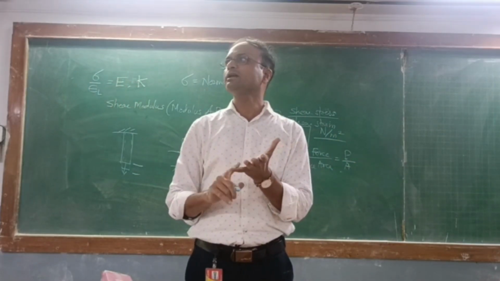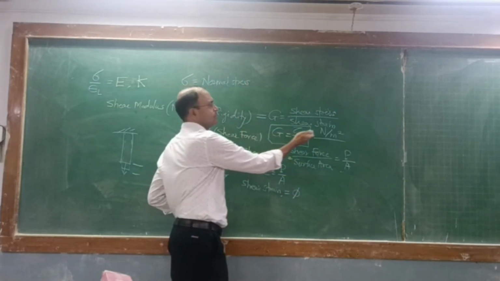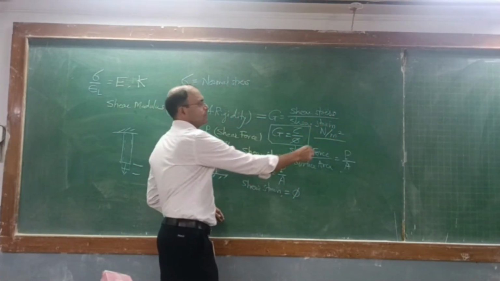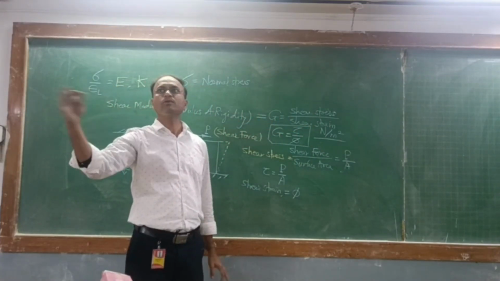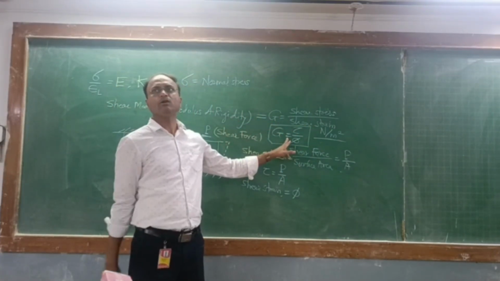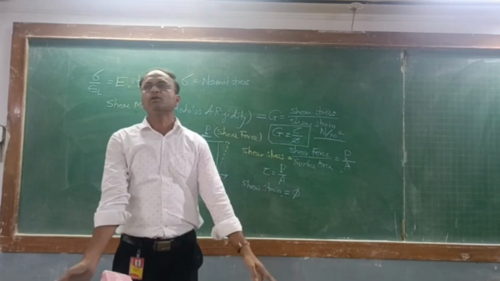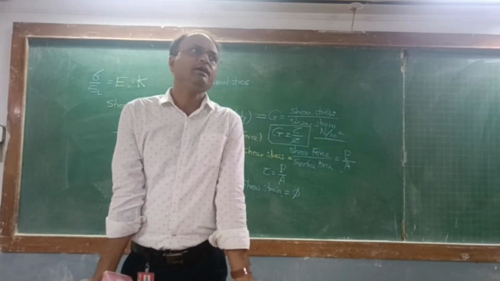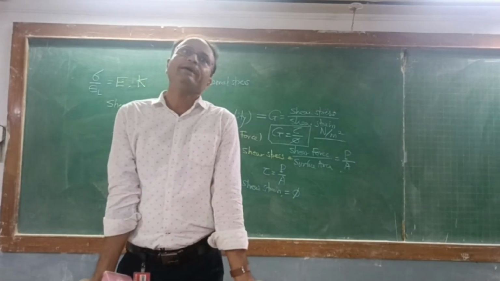Oh. रेडियन और डिग्री आर डायमेंशन लेस. ओके, सो व्हाट इज यूनिट ऑफ जी देन? न्यूटन पर मीटर स्क्वायर. डिनोमिनेटर जो उसका यूनिट नहीं है, इट इज डायमेंशन लेस और यूनिट लेस. सो यूनिट ऑफ मॉड्यूलस ऑफ रिजिडिटी इज न्यूटन पर मीटर स्क्वायर.